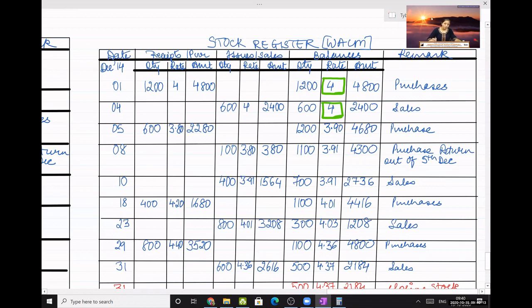Same. On the fifth, there is a purchase of 600 units. In a purchase, what will happen? Quantity increases, right? So quantity add, amount add, and then divide. So 600 plus 600 is 1200. Then add the amount.